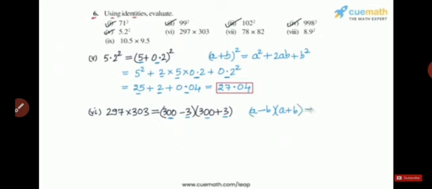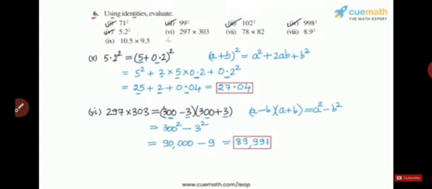Then we get 300 square minus 3 square. And 300 square means 9 and 4 zeros, minus 9. After subtracting, we get 89991. That is the multiplication of 297 and 303.